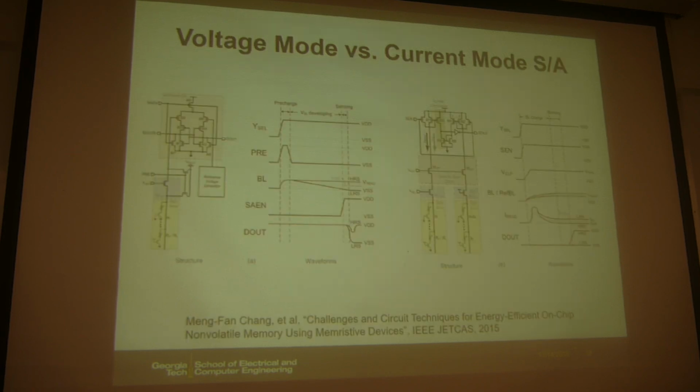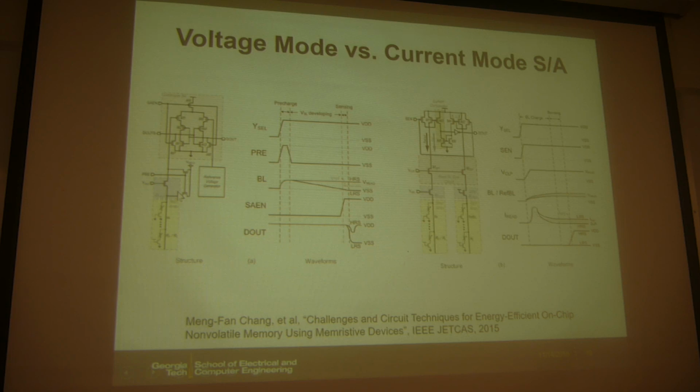Okay. So here, I think this paper is a nice paper to summarize some of the advanced techniques for the voltage mode and current mode sense amp design. And here for the left one, this is a voltage mode sense amp for the 1T1R structure.